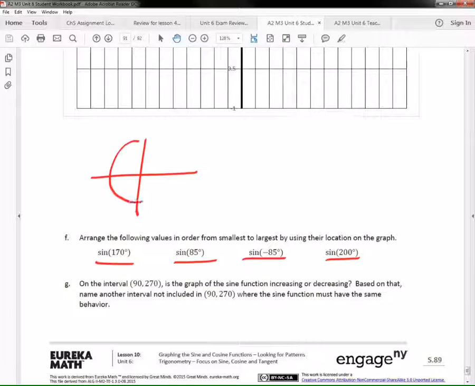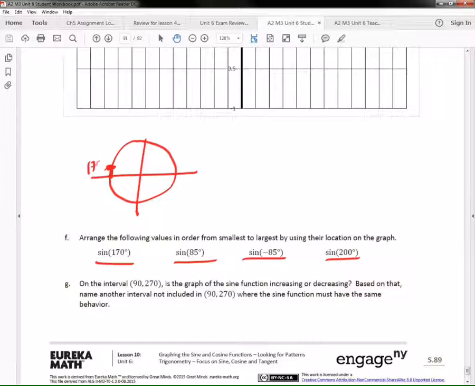If I look at my unit circle, I can guesstimate where each angle is. Like positive 170. So positive 170 would be right about right there. The distance from the x-axis to the point is sine. So it would be a positive small distance.